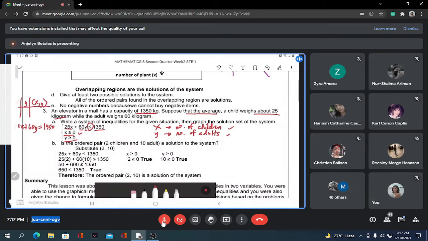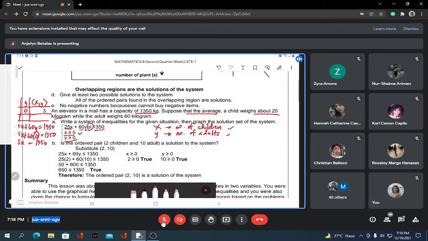Let's get the x and y intercepts, using 0 for y. So, 25x plus 60 times 0 equals 1,350. 60 times 0 is 0, so 25x equals 1,350.